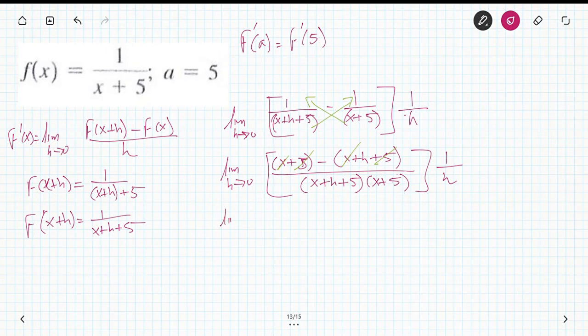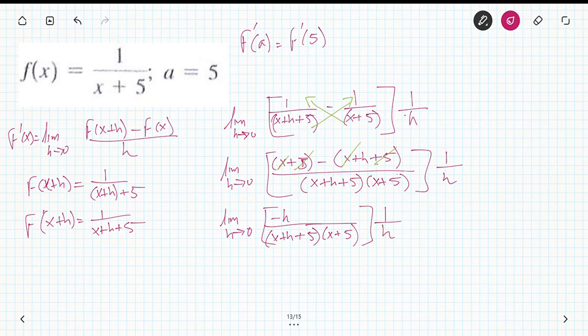So the limit as h approaches 0 of negative h over x plus h plus 5, x plus 5, and all of this is going to be multiplied by 1 over h.